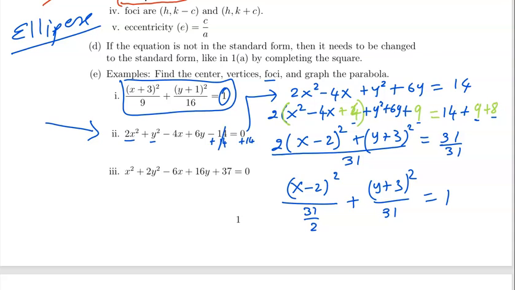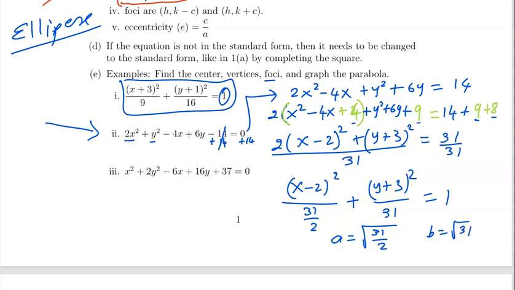What is 31? So what's my a and what's my b? a is square root of 31 over 2, and b is square root of 31.